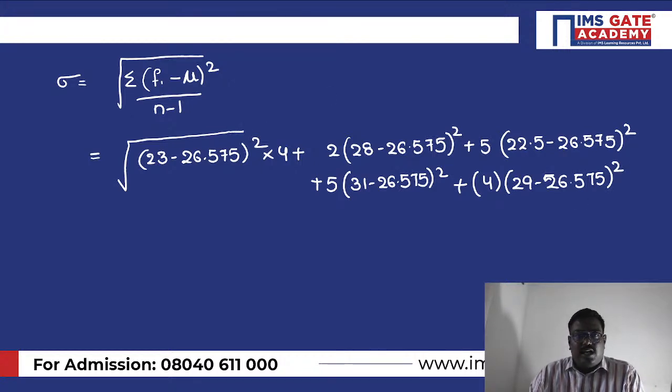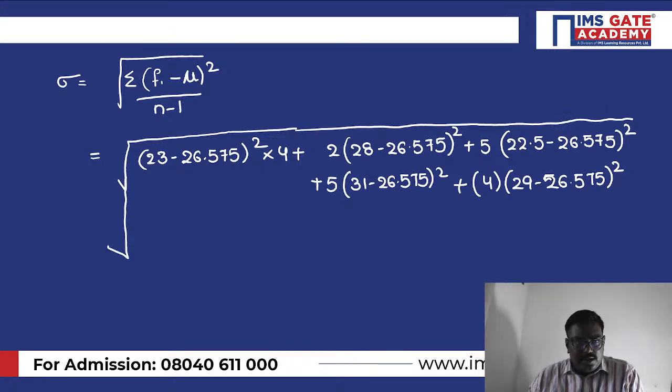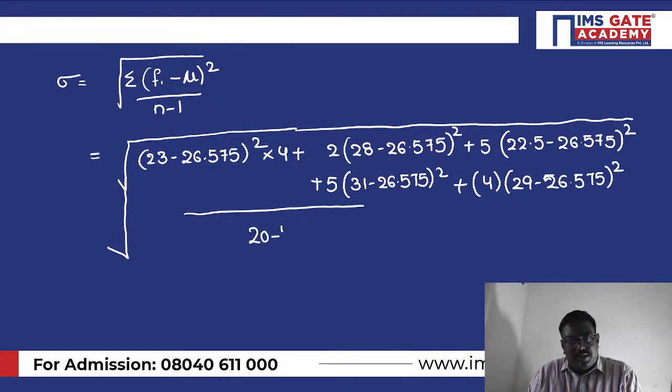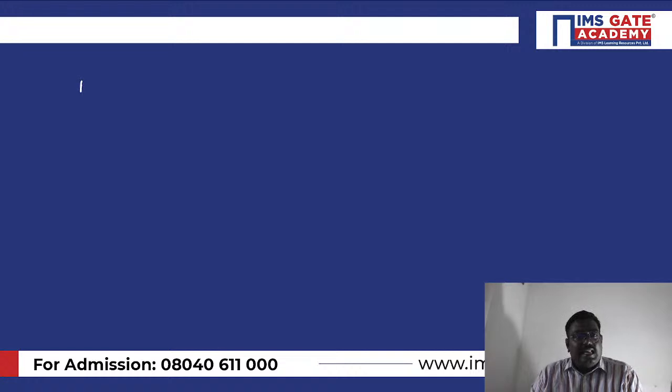We take the square root of all these terms divided by the number of cubes, which is 20 minus 1. If we calculate here, the standard deviation will be equal to 3.697 MPa.